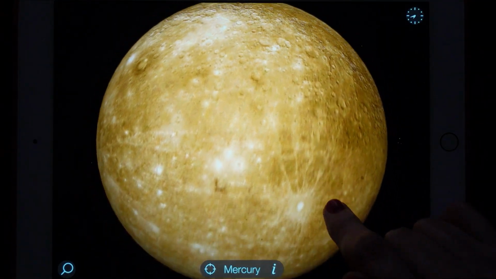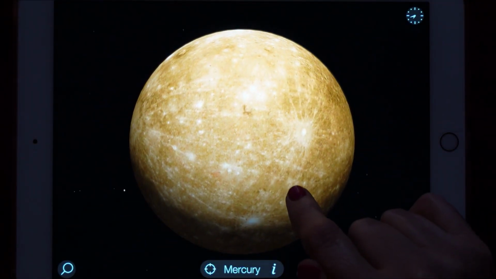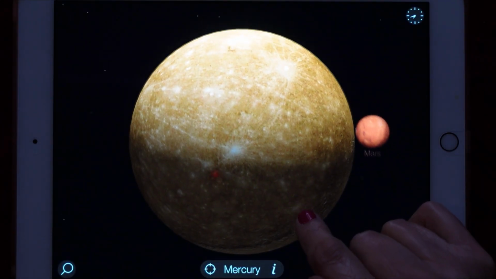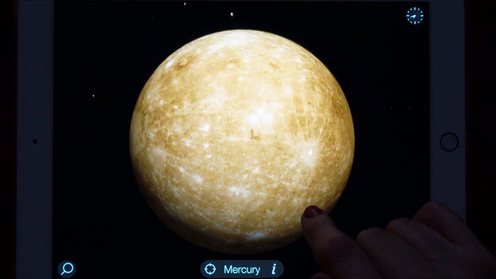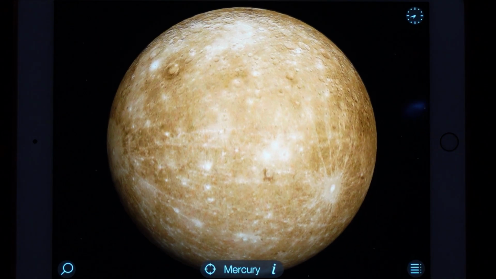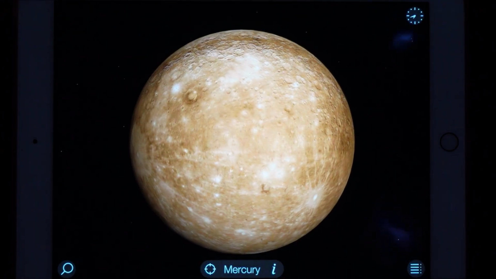We can see Mercury. Let's find out a bit more about Mercury.